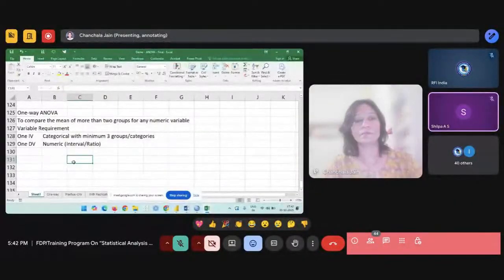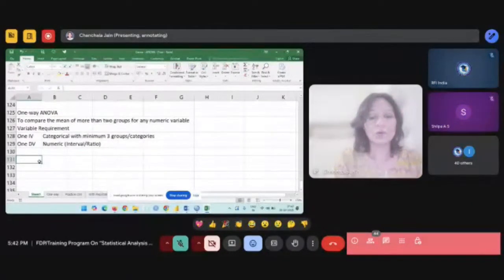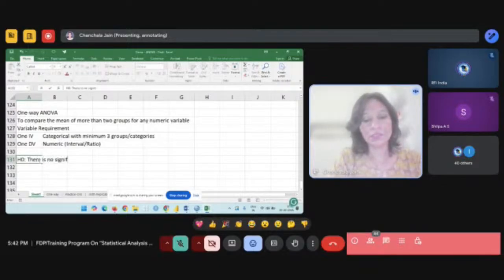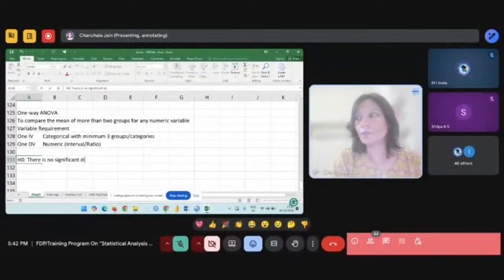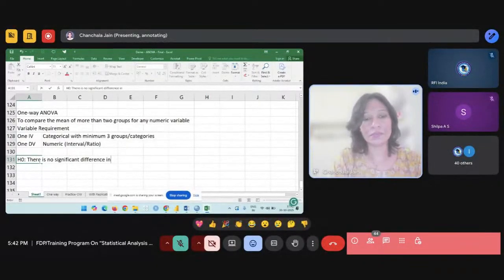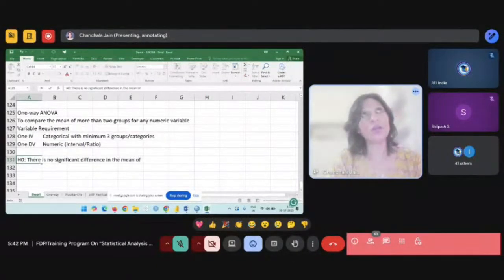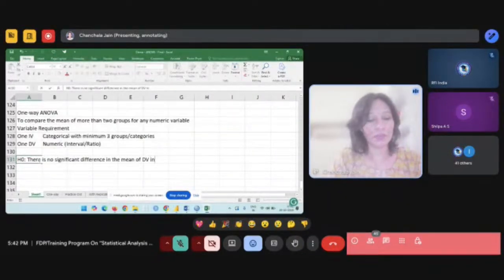Yes. Fine. So the hypothesis here will be: there is no significant difference in the mean of DV in various groups of IV.